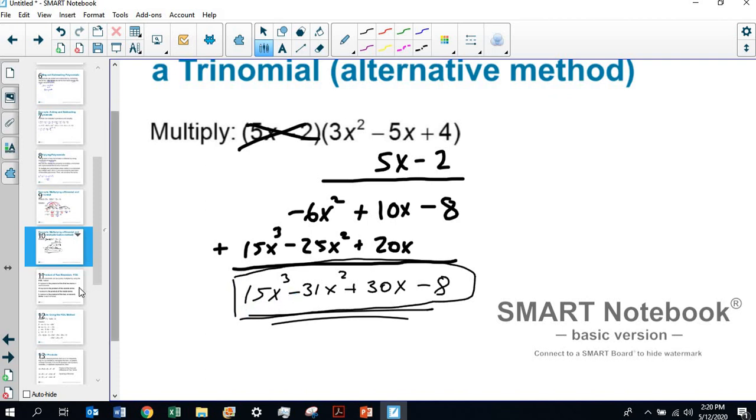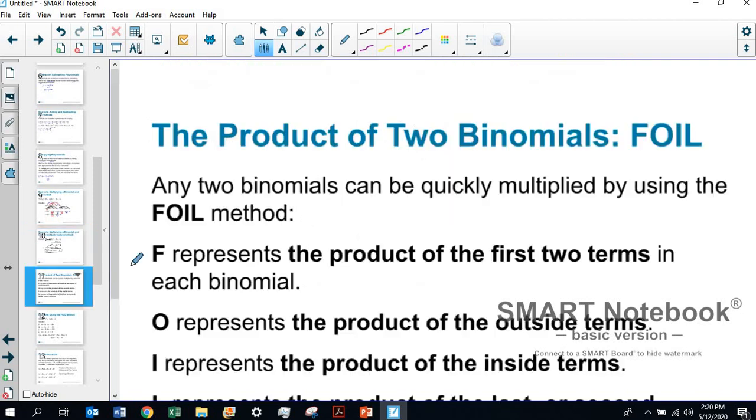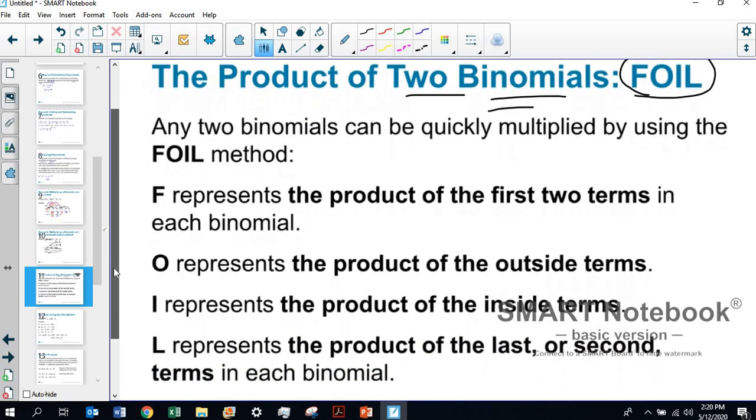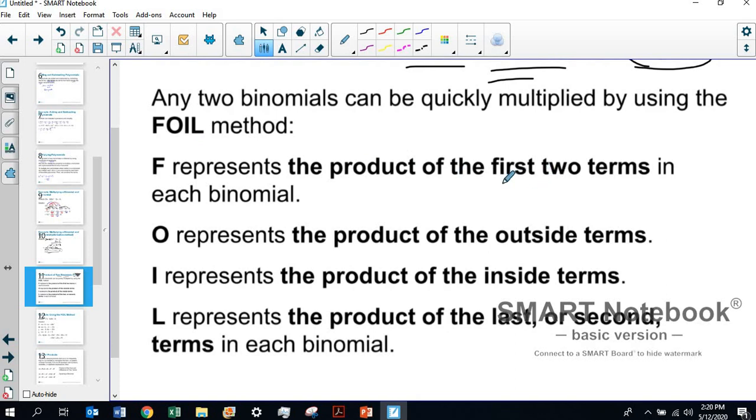Okay, but then there's a special type of multiplication that we do with polynomials often, which is multiplying two binomials together, and that's called the FOIL method. You guys have probably heard this before. FOIL represents the first two terms, O represents the outside two terms, I represents the inside two terms, and L represents the last terms of each binomial.